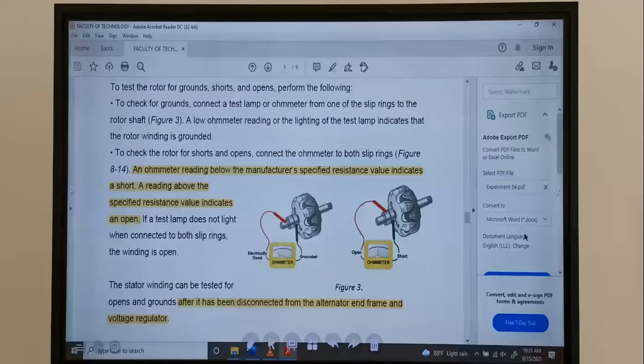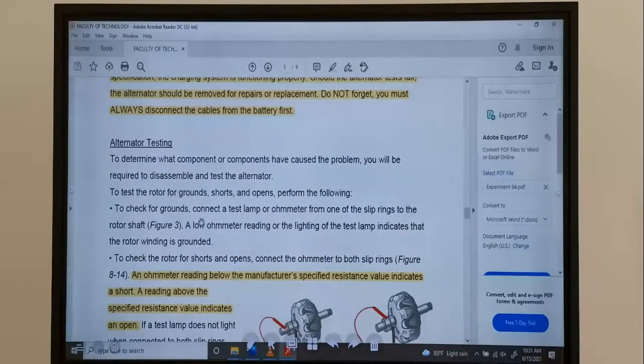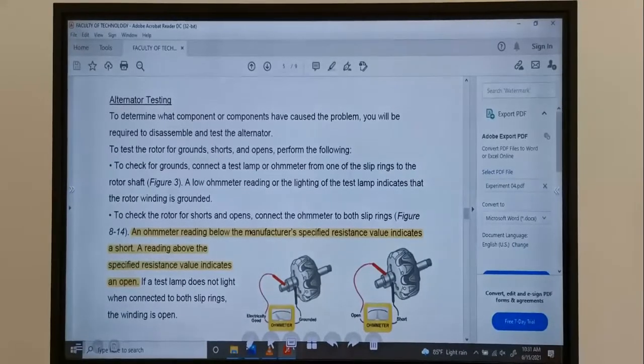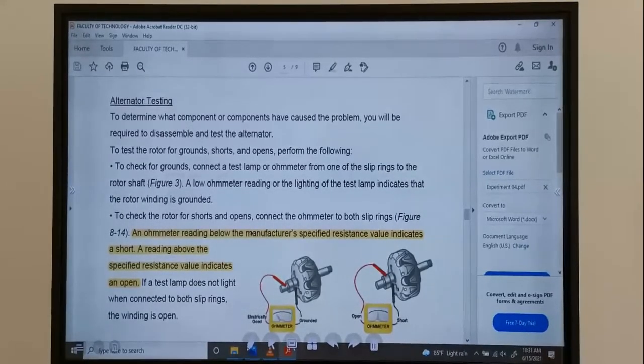First we have to check the grounds. Connect the test lamp or ohm meter from one of the slip rings to the rotor shaft, with the black lead grounded, to check for ground.